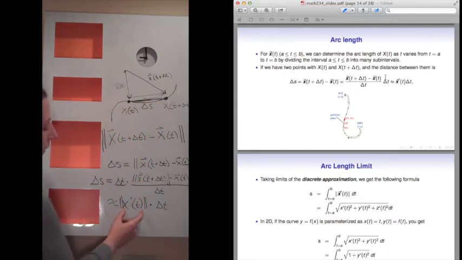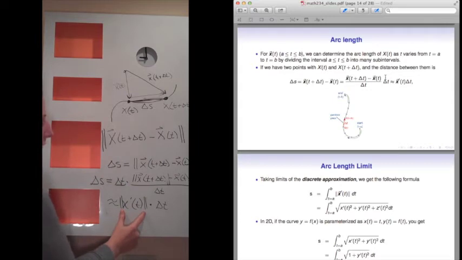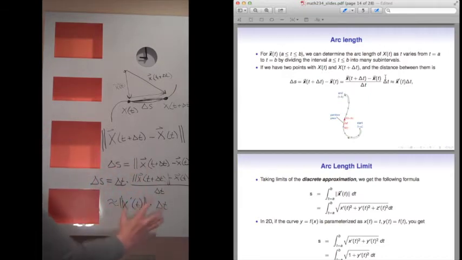Okay, so if I go twice as fast, x prime of t, that vector is magnified by a factor of 2. In other words, this term gets doubled if I go twice as fast. But I get there in half of the amount of time, right? So then delta t is shrunk by a factor of 2. Right, so if I go faster, I expand this part and I shrink this part by the same amount. Okay, so all of the math works out independently of how quickly we parameterize the curve.